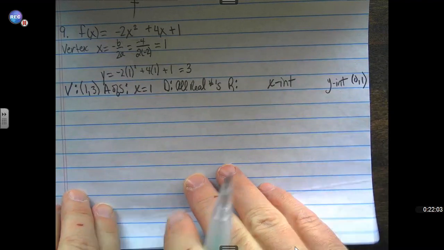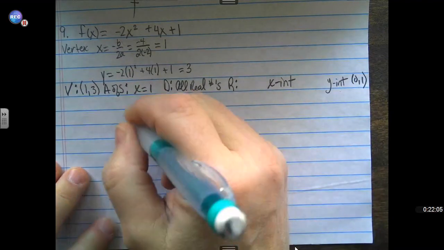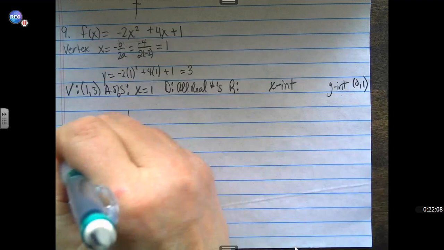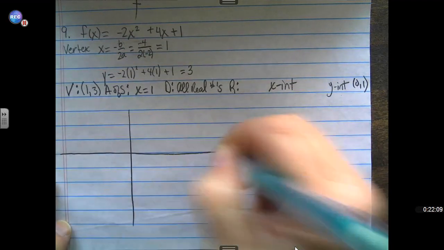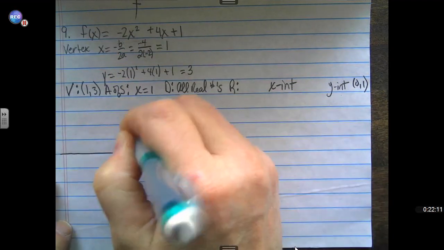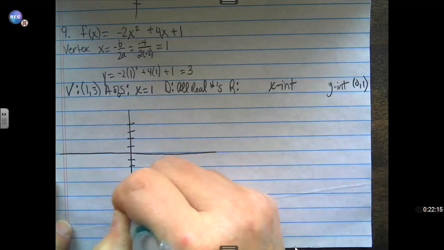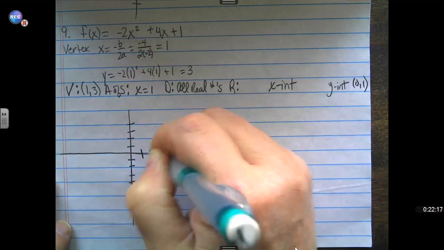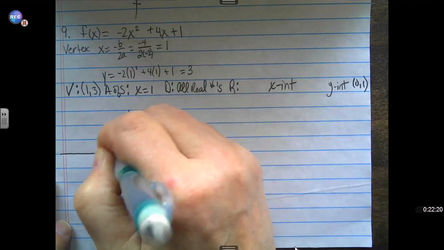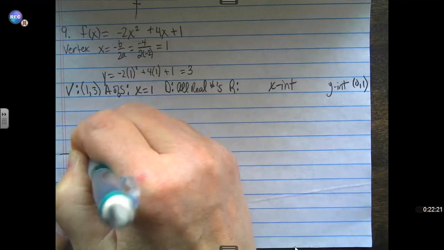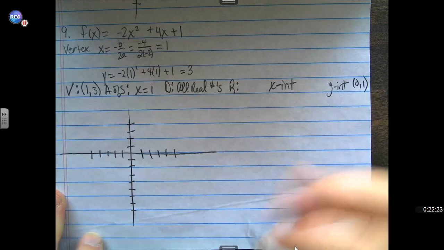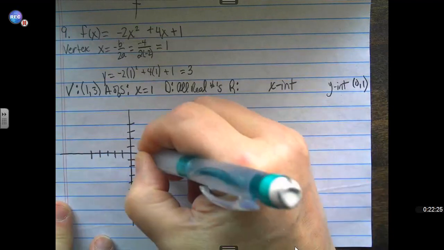So now we get back to this question, and we're going to graph this thing. It opens, like I already said, it opens down. Okay, so vertex is at 1, 3.